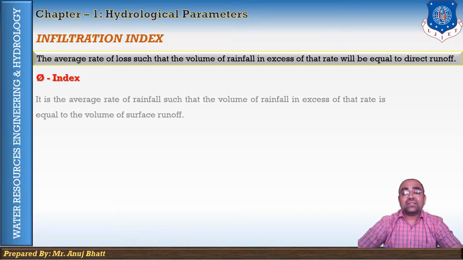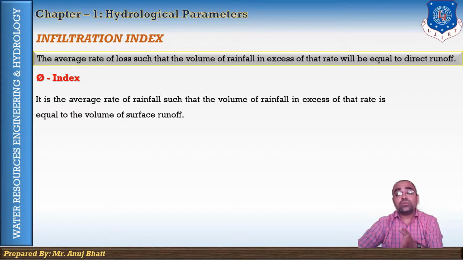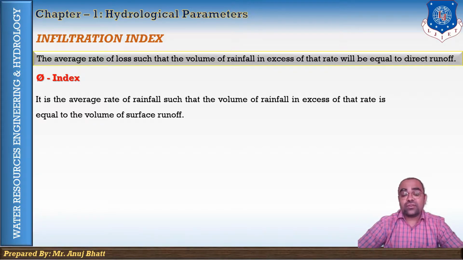The phi index is the average rate of rainfall such that the volume of rainfall in excess of that rate is equal to the volume of surface runoff. The value of the phi index can be derived from the rainfall hydrograph and the resulting surface runoff volume by a trial and error method.